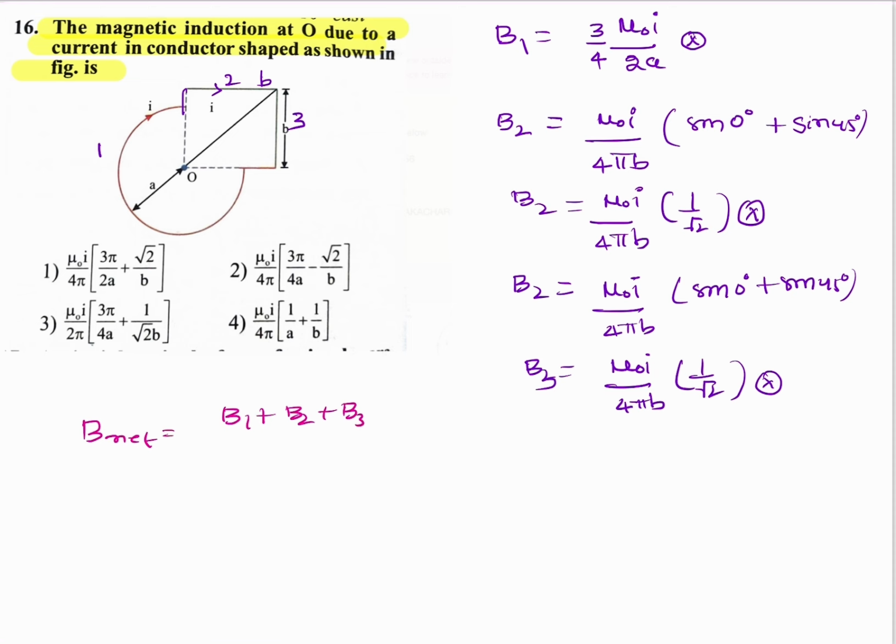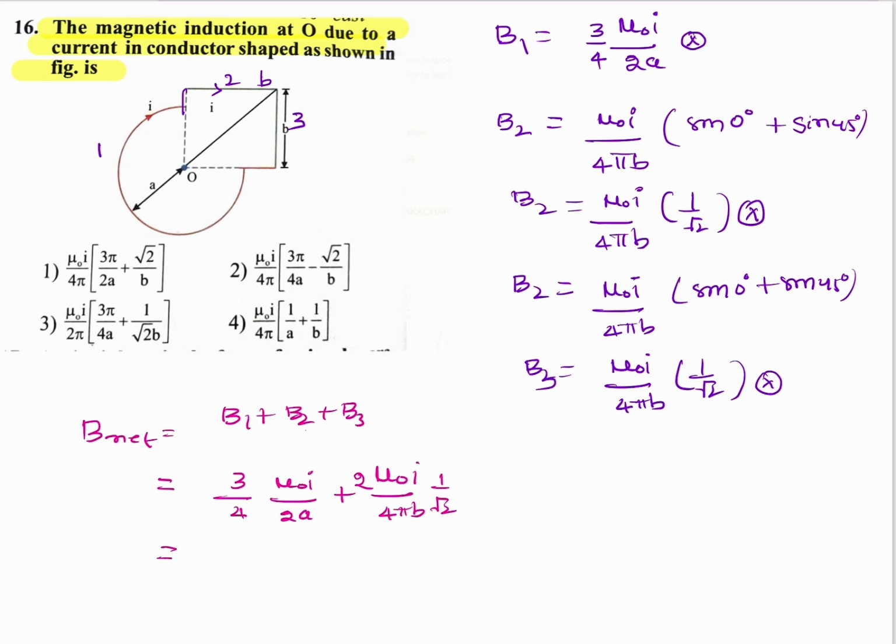B1 equals 3 by 4 times mu naught I by 2a, plus mu naught I by 4 pi b times 1 by root 2. This is B2, and B3 is also the same, so that's why 2 times mu naught I by 4 pi b.